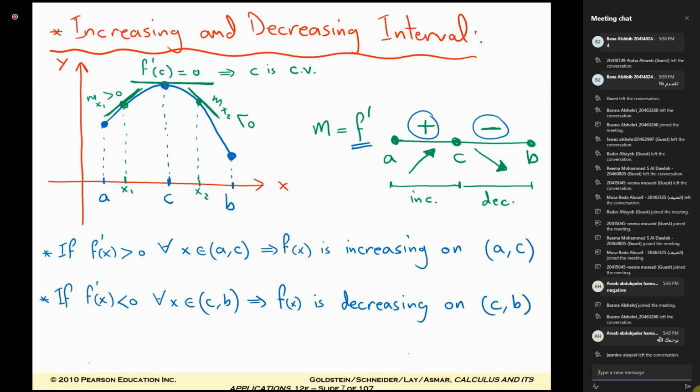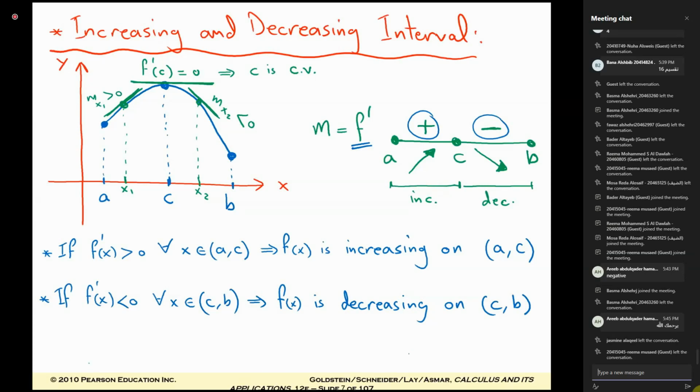After that, find the sign of f prime between the critical values, whether positive or negative. If f prime is positive, this is an increasing interval. If f prime is negative, this is a decreasing interval. Increase, decrease for what? Increase, decrease for f of x. Okay.